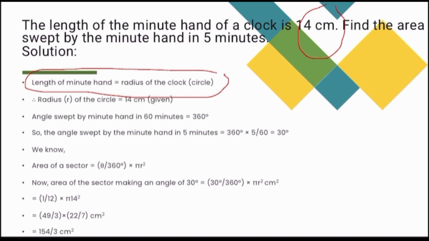So for 5 minutes, it will be 360 into 5 by 60, since 1 hour is equal to 60 minutes. That gives theta equal to 30 degrees. Then we have to use theta by 360 into pi r square. Now just put the values. Then you will get the final answer as 154 by 3 centimeter square.